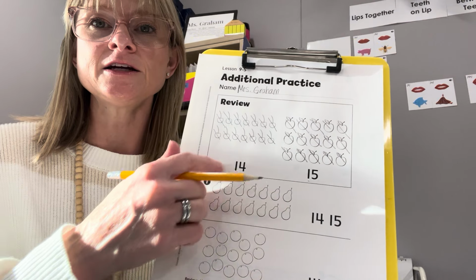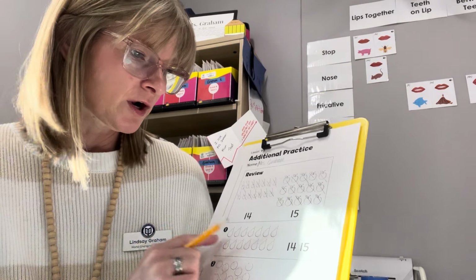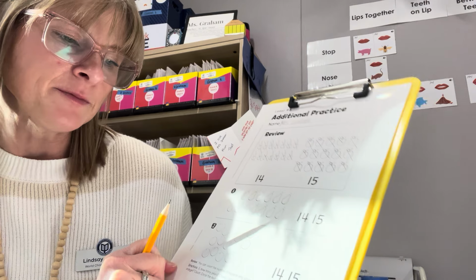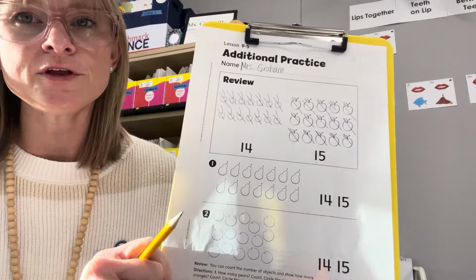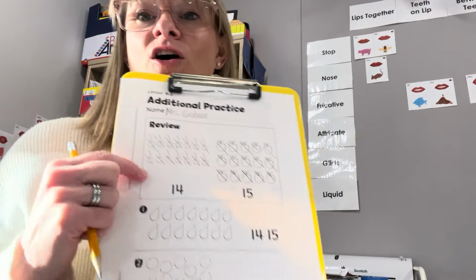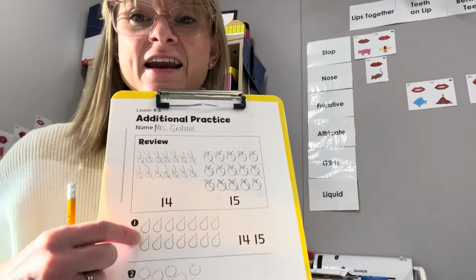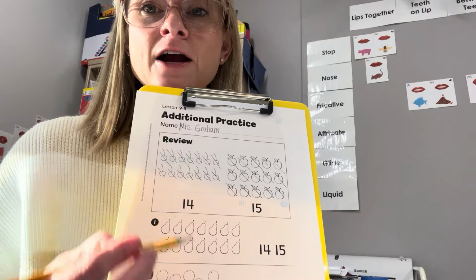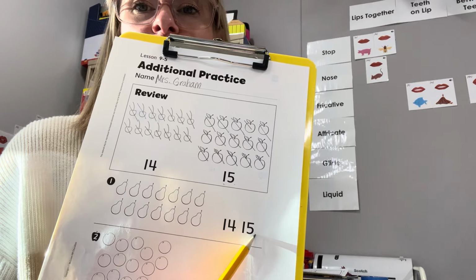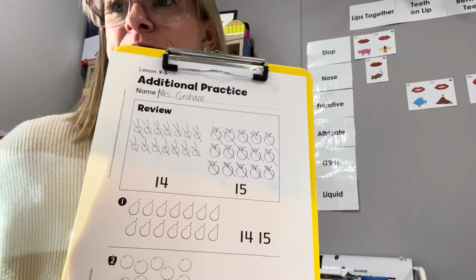Let's come down here and we're going to look at the pairs. How many pairs? Count, circle the number that shows how many. I'm actually going to have you guys do this all on your own because I know you can. I want you to cross out each pair as you count, and then circle which number shows how many.